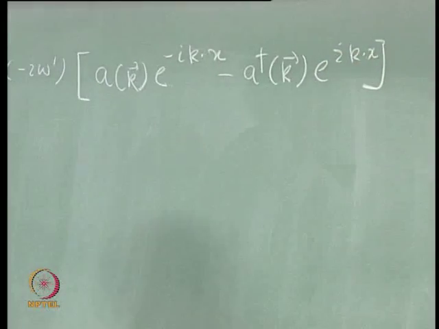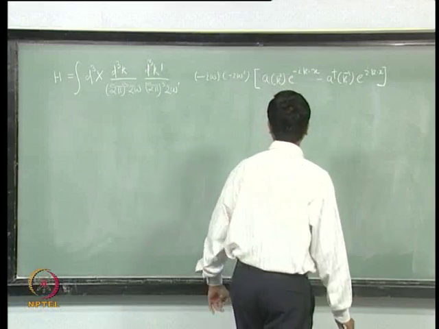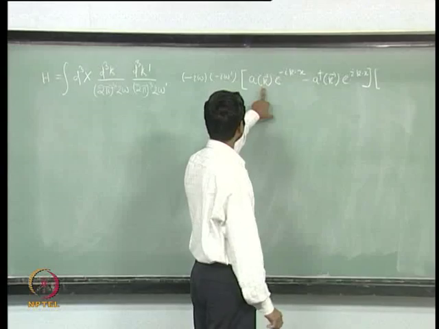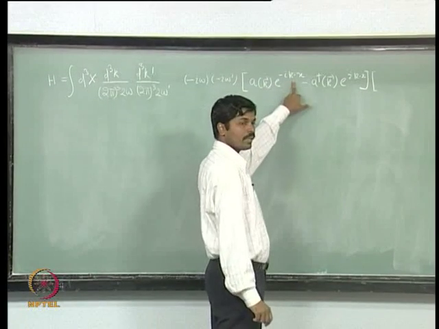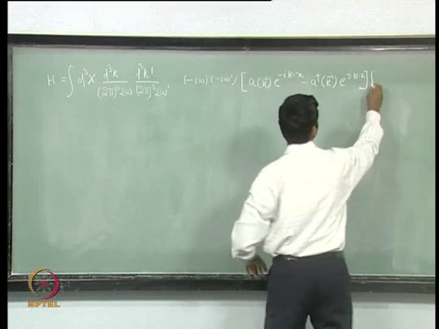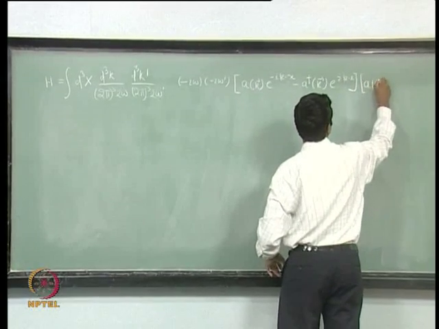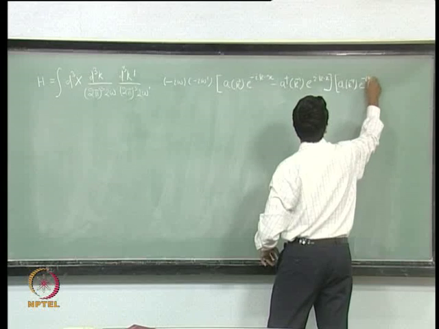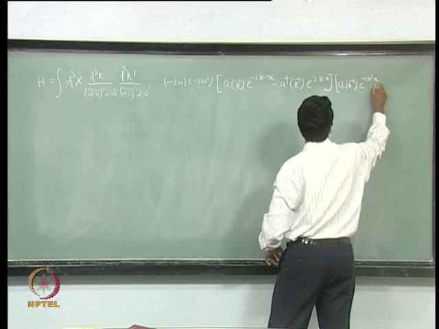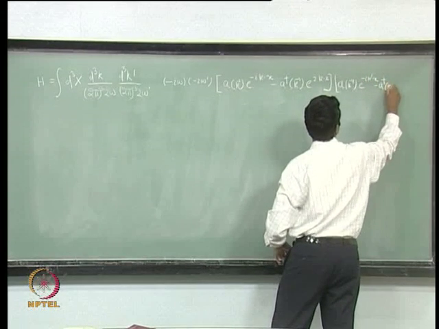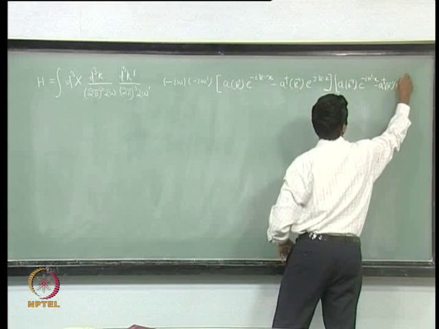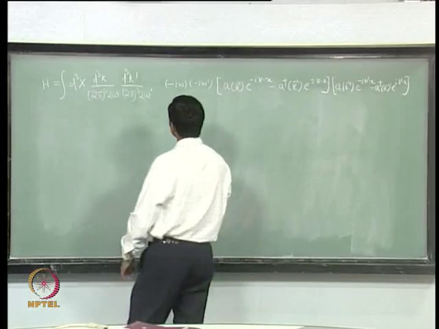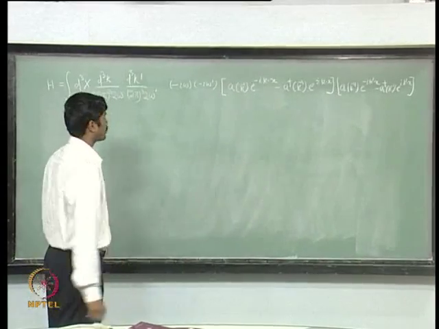That is for one of the pi's, and for the second pi I will get the same expression, except that instead of k I will have k prime. So, a_k prime e to the power minus i k prime dot x minus a dagger k prime e to the power i k prime dot x. So, this is the first term.